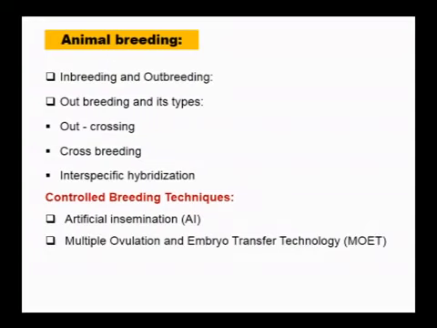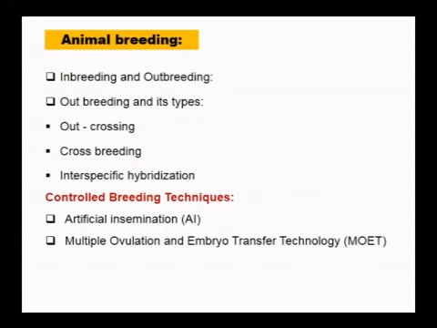Now with respect to improvement of animals for various types of products, the animal breeding techniques include inbreeding and outbreeding. Outbreeding has types like outcrossing, crossbreeding, interspecific hybridization. Inbreeding is the technique of crossing two breeds which have common ancestors for 4 to 6 generations.